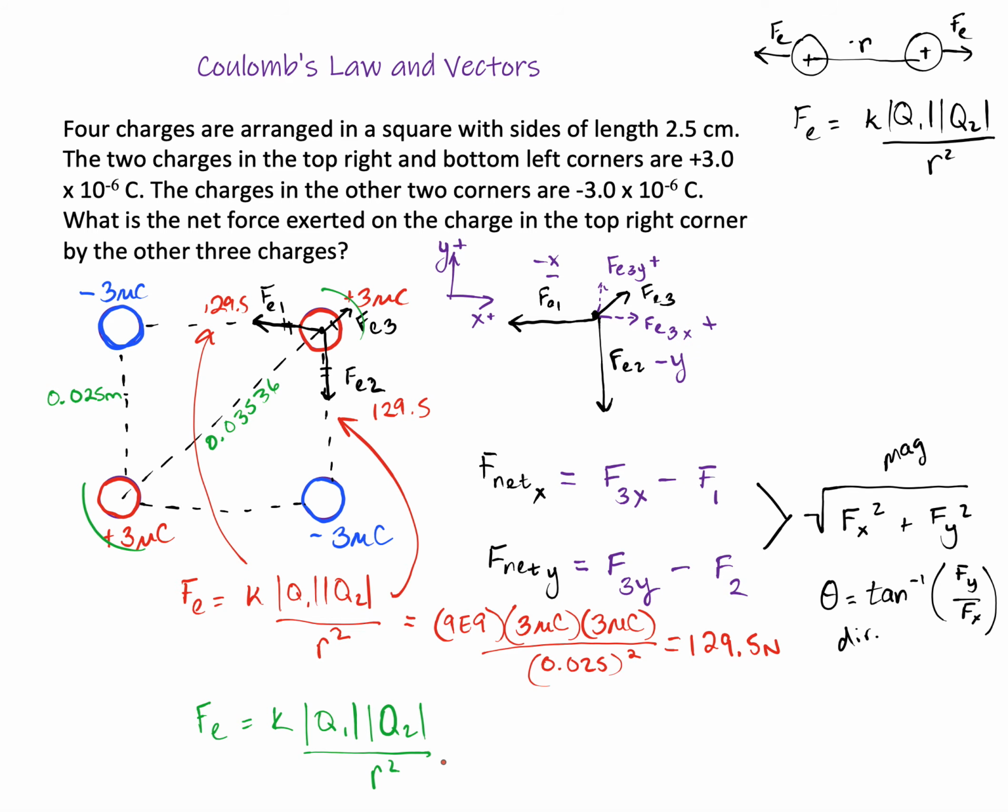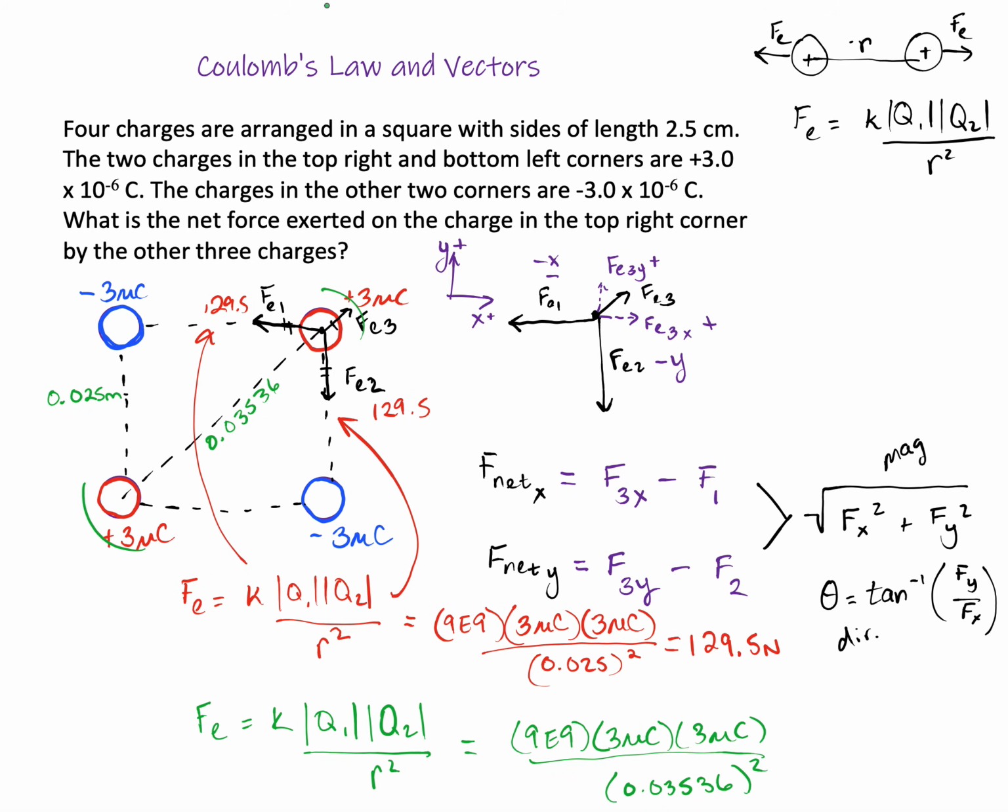And then this one over here, what I've got to do is the same calculation for the numerator, 9 billion times 9 microcoulombs, divided by, and now I'm putting in my 0.03536 squared.